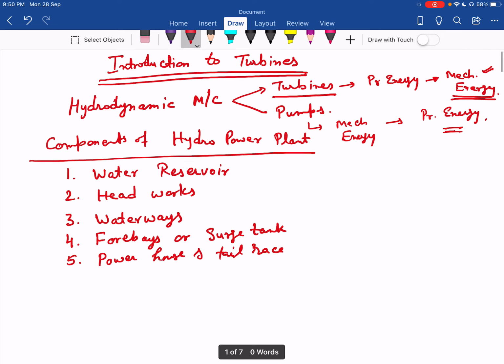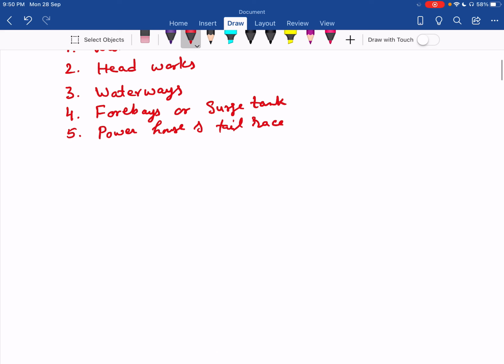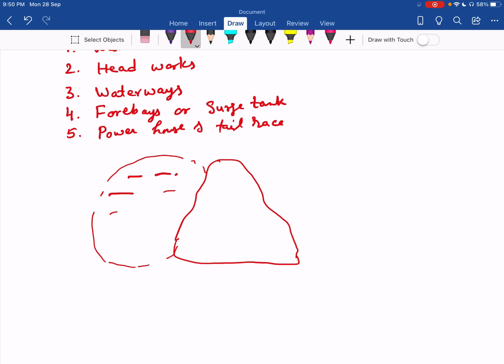Now, if I draw the basic diagram for a hydropower plant, say we have this hill. Here we have a natural reservoir for water. This is the reservoir, and this is the hill. Here we have the powerhouse.